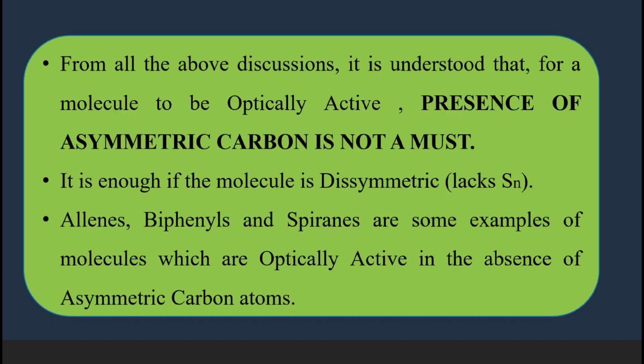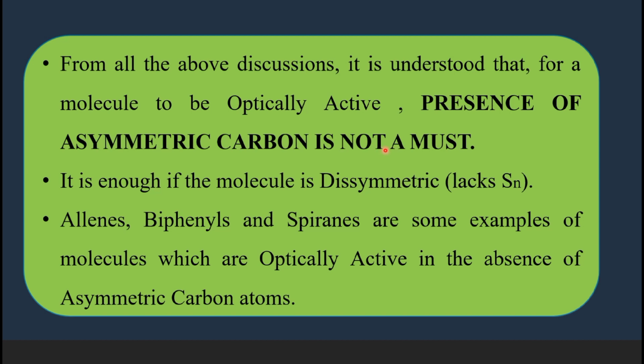Therefore, from all our discussions, we have understood that for a molecule to be optically active, presence of asymmetric carbon is not a must. Presence of chiral carbon is not the most important requirement.